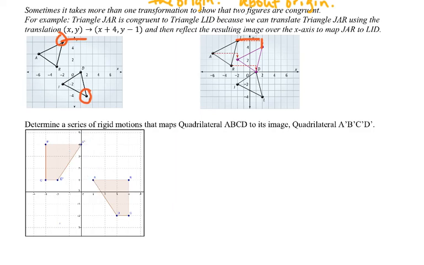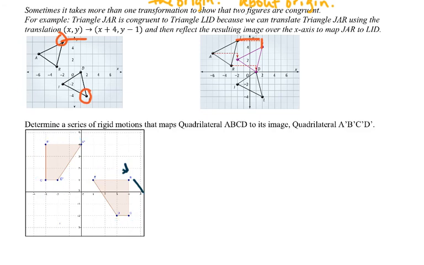So the first thing I'm going to do is figure out if there is a reflection involved at all, because if there is, the orientation will be opposite. So if I look at A to B to C to D, that's clockwise. A prime to B prime to C prime to D prime is counterclockwise, so I know that there has to be a reflection.